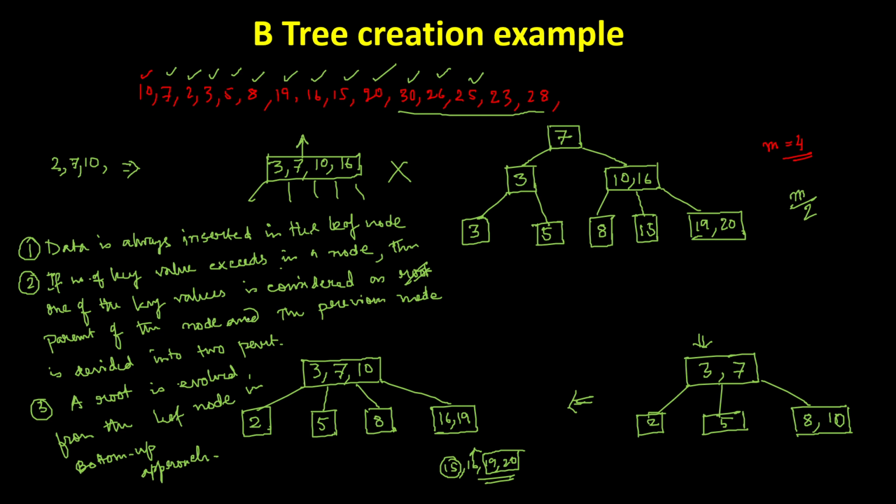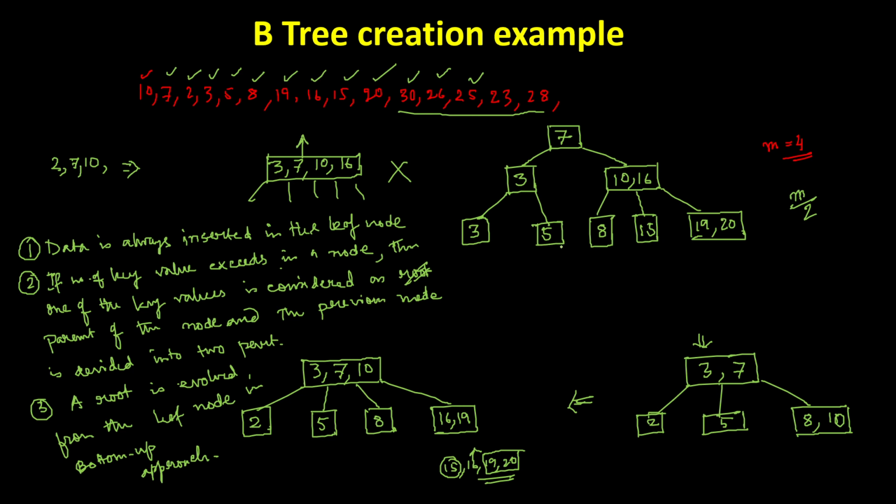So this is all about the creation of B tree, and there are many other factors also. When you try to delete, then what will happen? And if I want to insert something in a B tree, for example, I want to insert say 4, then what will happen? 4 is lesser than 7, so it will come here, 4 is greater than 3, so it will come here, and then 4 will join in this particular node.